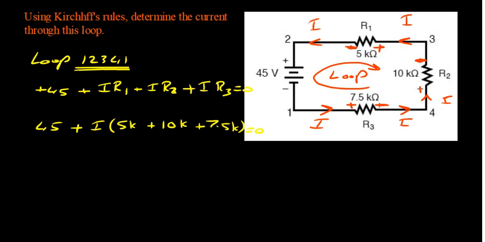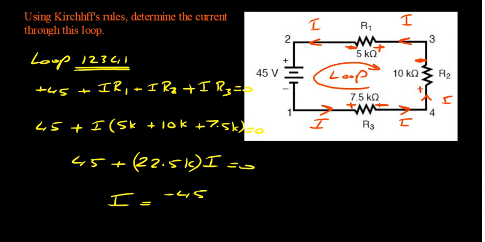Okay, that will give me 45 plus 22.5 kilo ohm times the current. And the current will be minus 45 divided by 22.5 times 10 to the power 3. That will give me minus 2 milliamps.